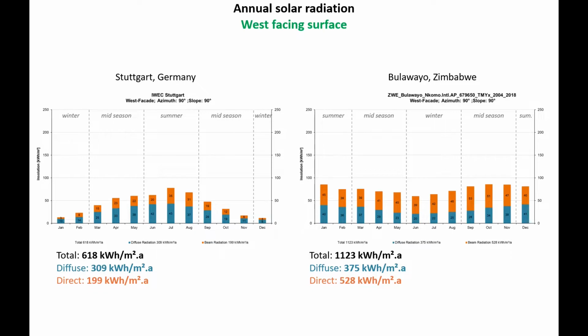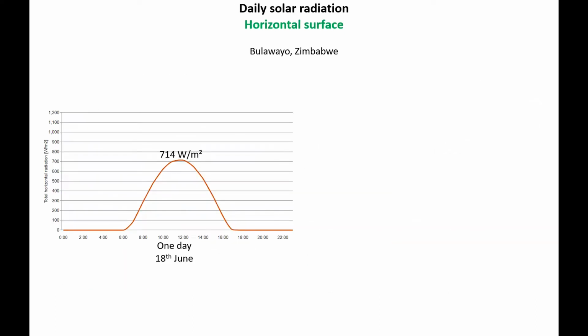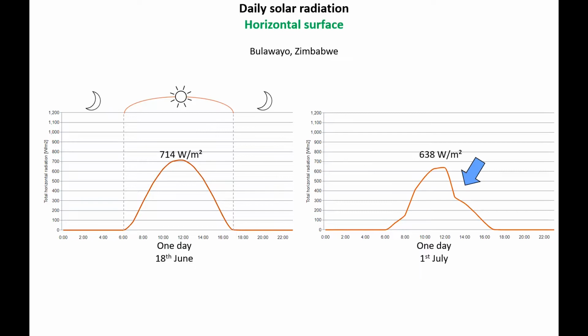And if you look at these radiation charts for a specific day, you can see a peak intensity during midday with a very high solar intensity if the sun is shining. But you can also see that if, for example, a cloud comes up, the solar radiation will decrease because the clouds are partially blocking the radiation.